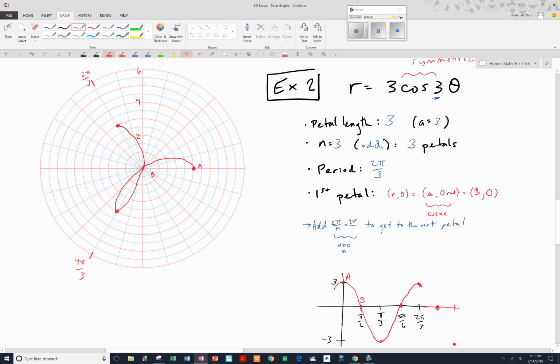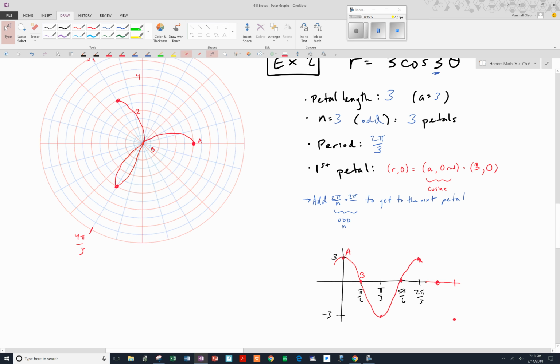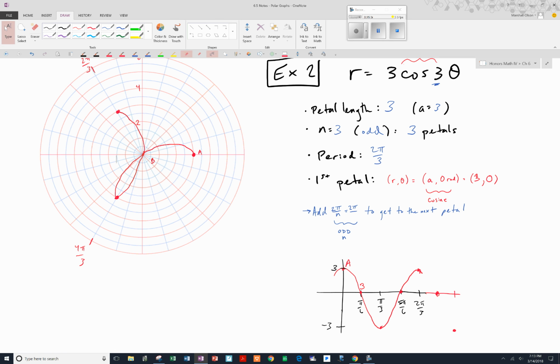Actually, if I stopped right there, that is what I get from one period. I have to continue to pi in order to get the full cycle.